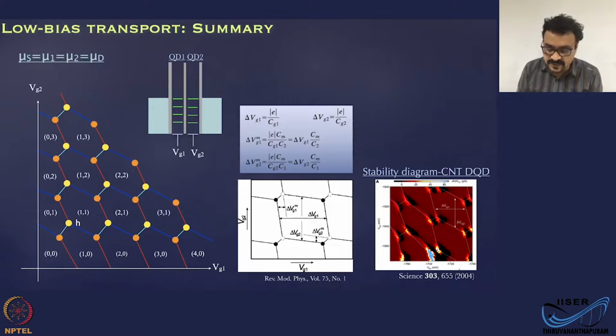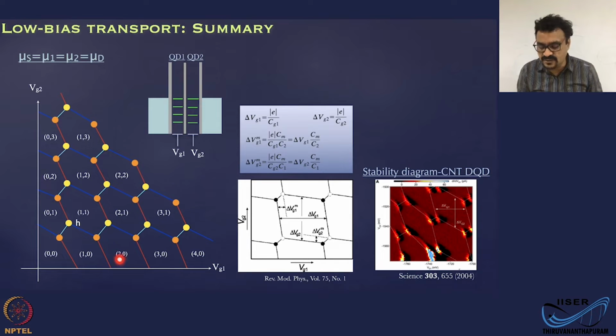We also found that the charge configuration inside the hexagon is constant, n and m, where this n m could be any number starting from 0. When it is 0, 0, there are no excess electrons on either of the dots. When you go towards the positive x direction, that is when you increase VG1, you are pulling the levels of dot 1, and dot 1 will get more and more electrons pulled in.